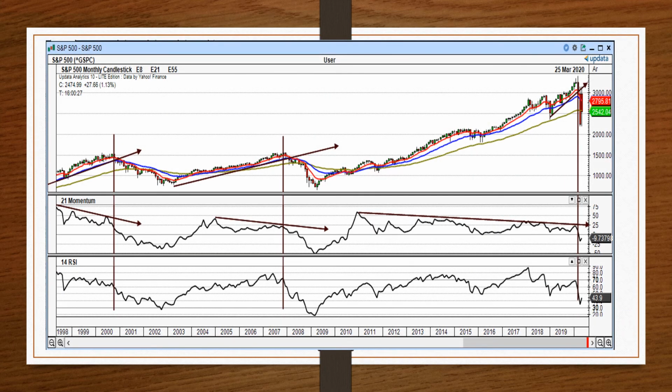Okay, we had a quick look at divergence on the last slide with Apple, and here I want to show you a little bigger picture of divergence as it occurred on the S&P 500. This is a monthly chart, which means that each candle represents a month of price action. And this is a real sore point for me, and I tell the story in the course.